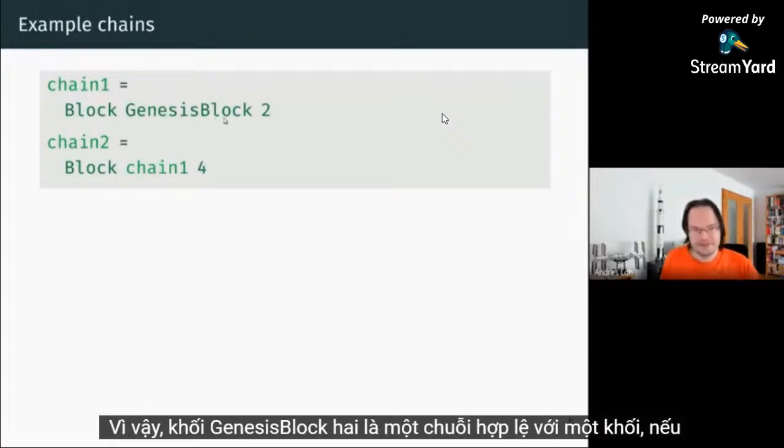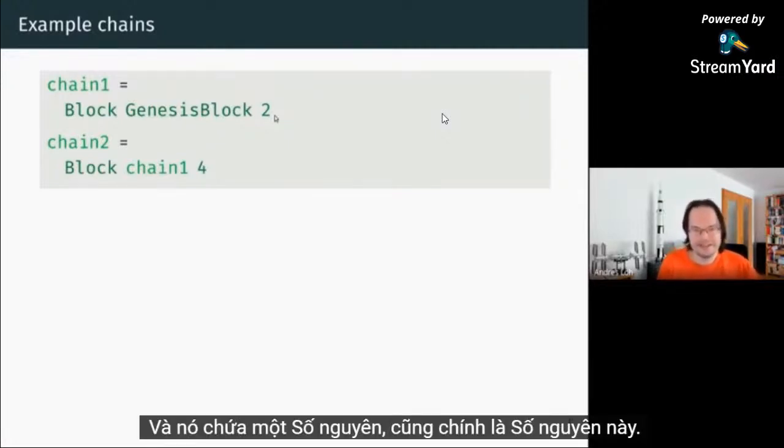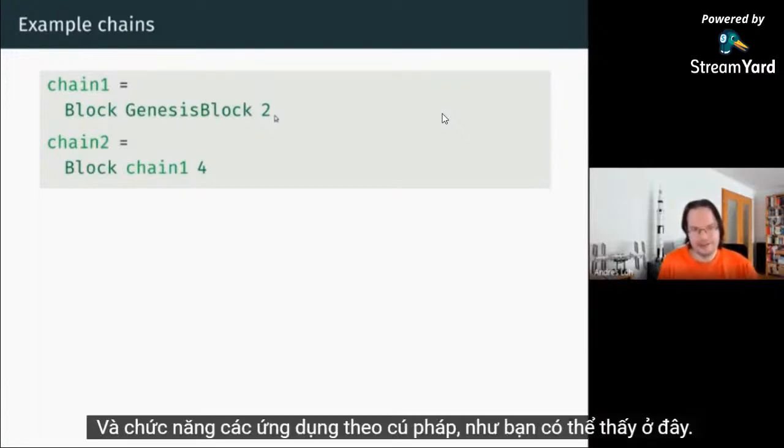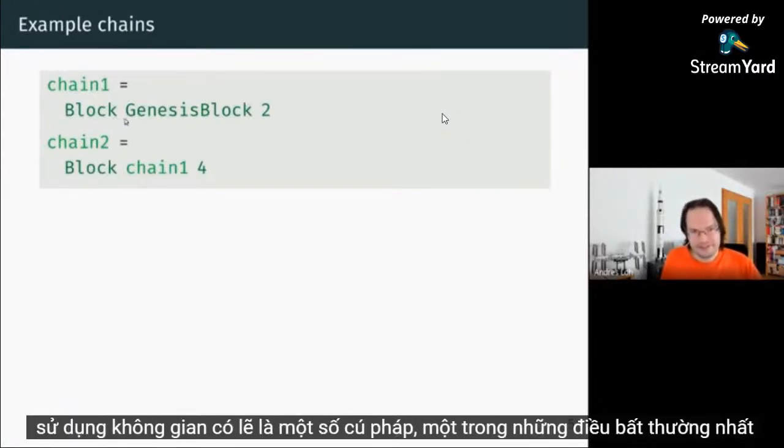So block Genesis block 2 is a valid chain with one block, if you like, or one proper block, and it contains one integer, which is this integer 2. Right? And the function application syntactically, as you can see here, so block is a data constructor, it doubles as a function, is just written using space.